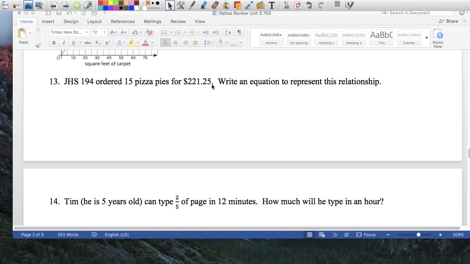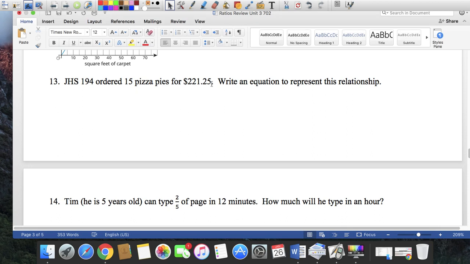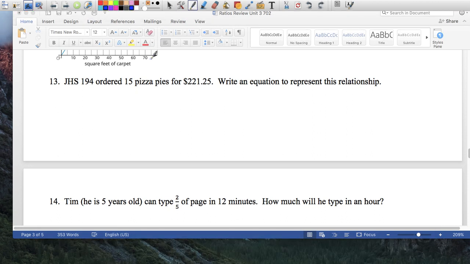13. Junior high school orders 15 pies, pizza pies, for $221.25. Write an equation to represent the relationship. Well, so your input would be the pies, and your output would be the money, right?